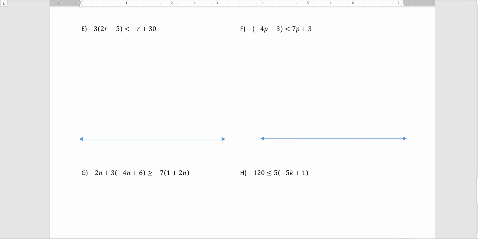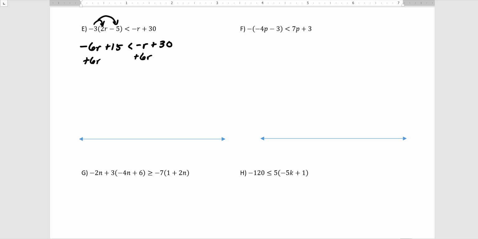All right, let's check on letter E and F here. So looking at letter E, first thing I'm going to do, I'm going to distribute this negative 3 into everything. So a negative 6r plus 15 is less than negative r plus 30. Now we get these r's on the same side, so let's add 6r to both sides.